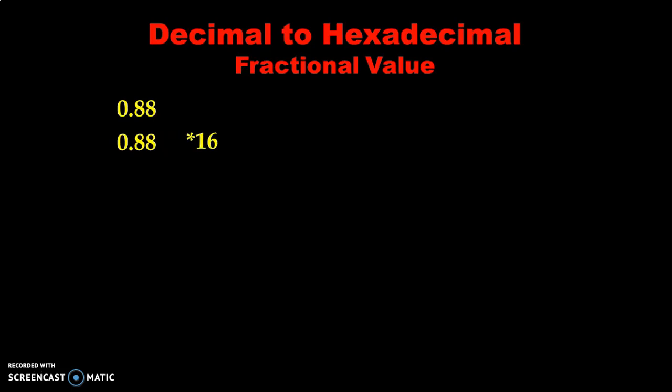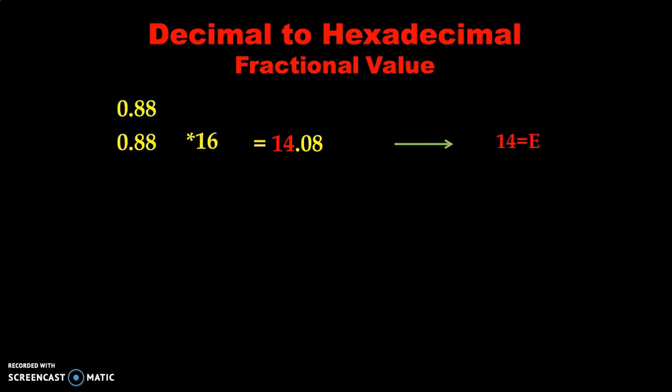So 0.88 multiplied by 16 gives 14.08. 14 is the integer value that we take as a carry, and 0.08 we take back for repeated multiplication with 16.